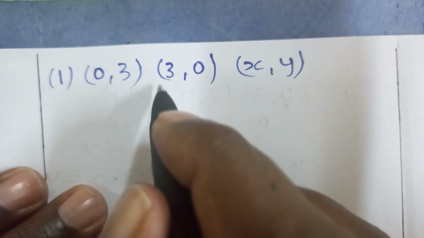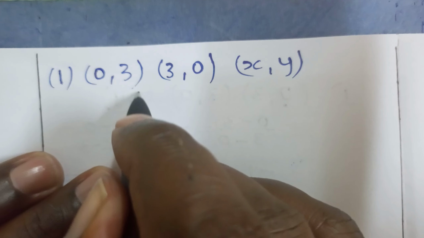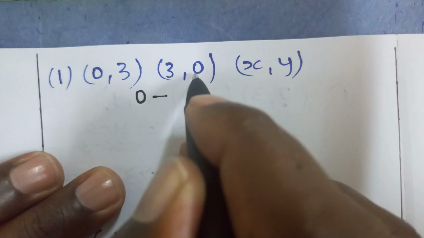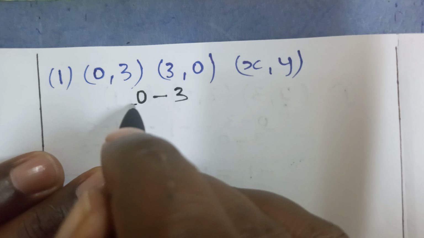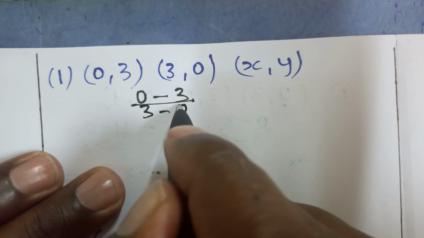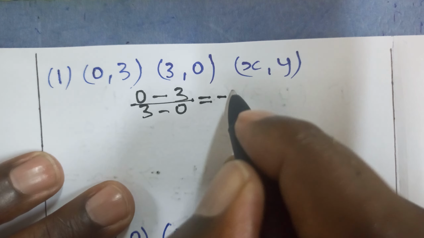For the gradient, I use these 2 points: y increment is 0 minus 3, all over x increment, which is 3 minus 0. The gradient is negative 1.